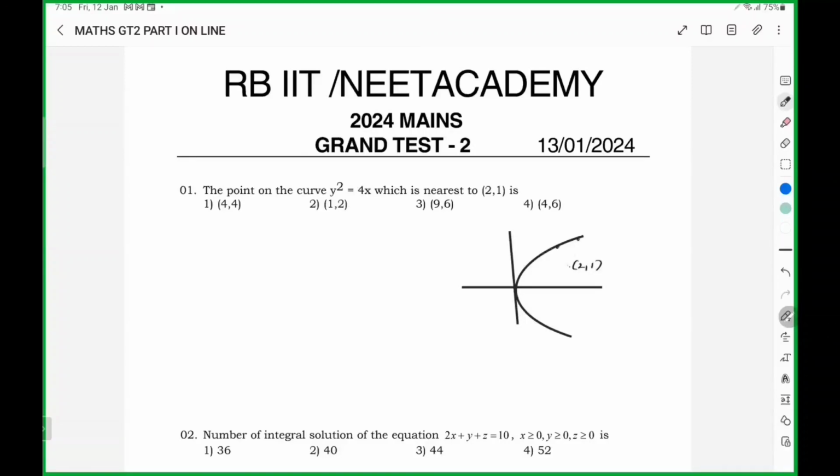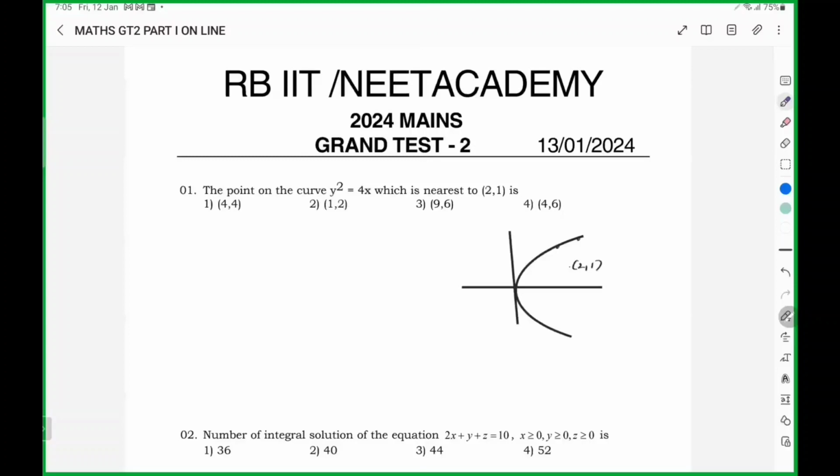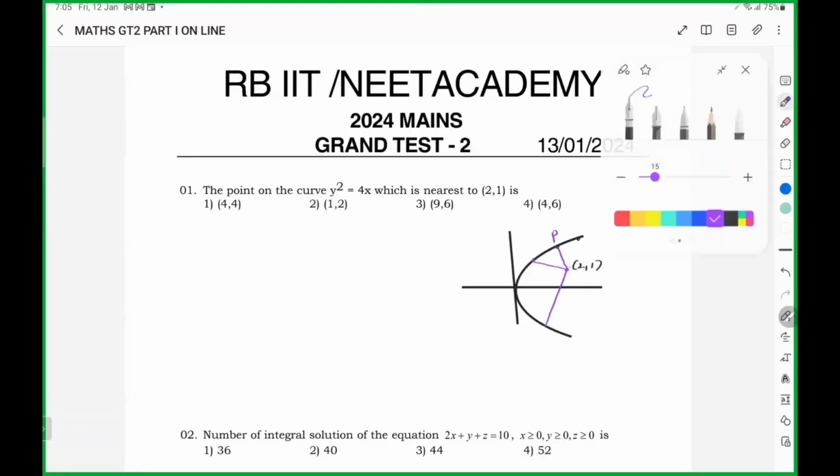There are many points on the parabola at different distances. So what we have to find out is the nearest point. So P can be any point on the parabola.